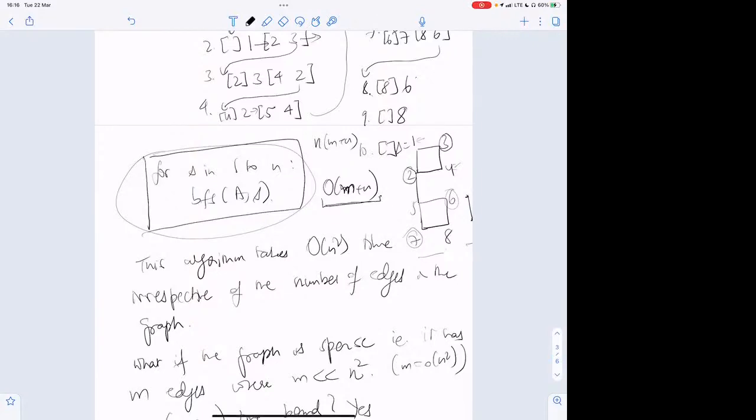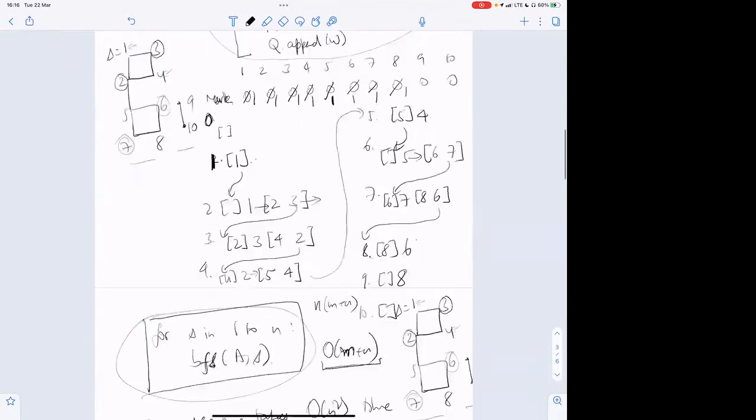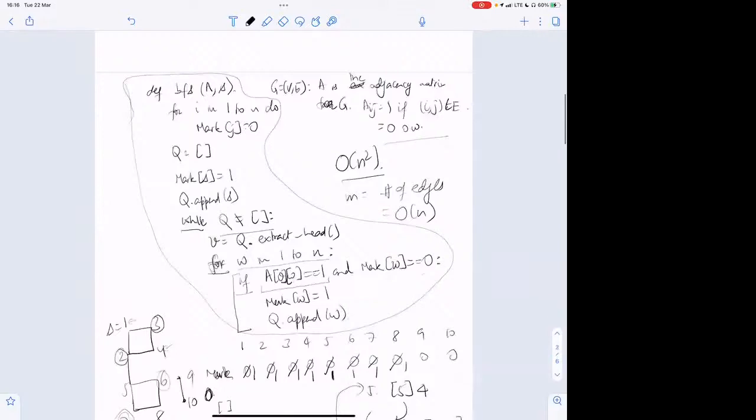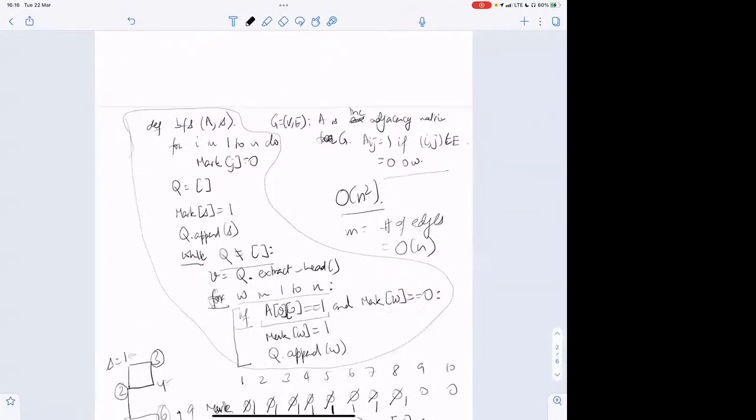Why is that so? Because of the marked thing, you would never visit vertices again. Even though you run this n times, marked vertices will only be visited once. A vertex will be marked only once, correct?